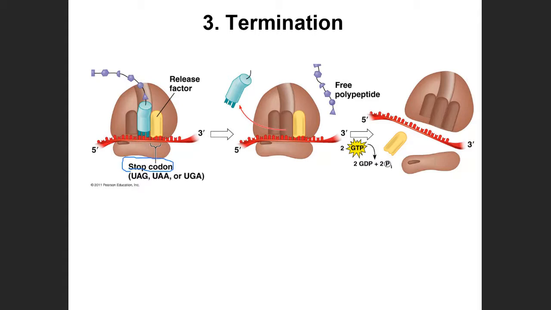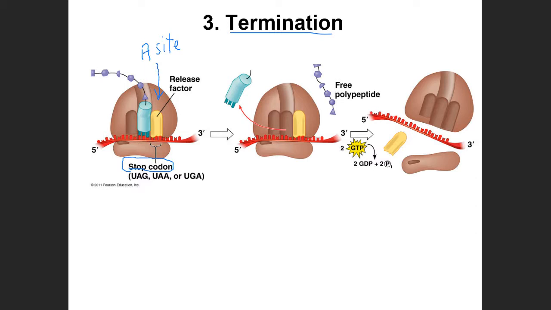Remember what I said, there are no transfer RNAs with an anticodon that complements and binds to a stop codon. So that ensures when an mRNA stop codon enters the A site, no more amino acids are brought to the ribosome, to help start the process of termination.